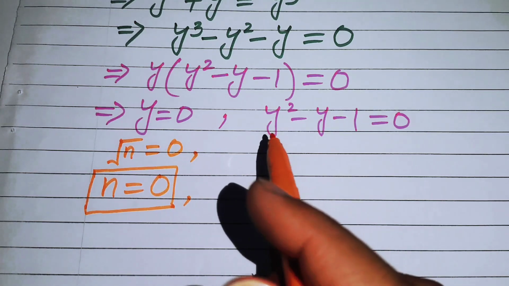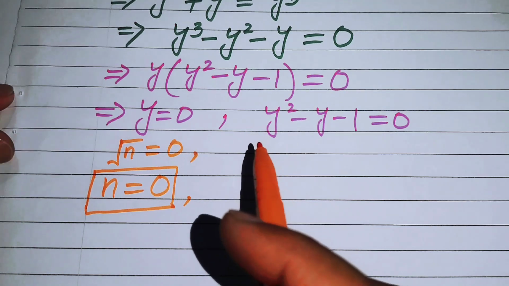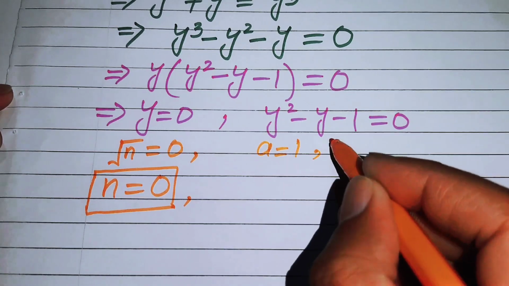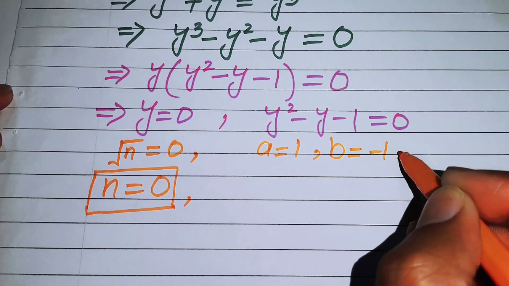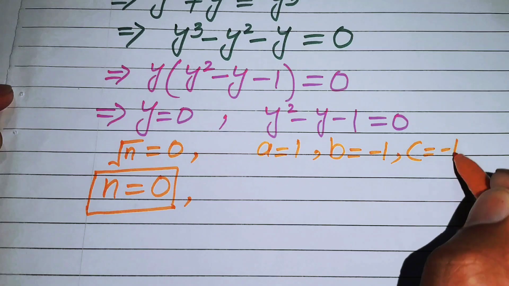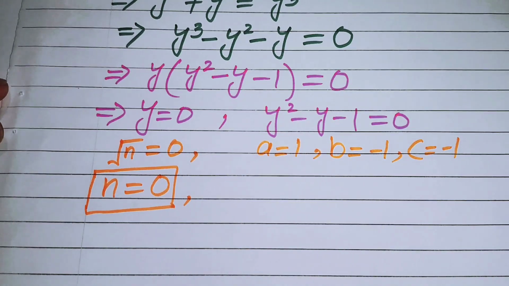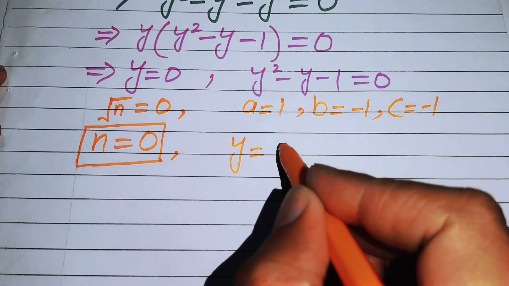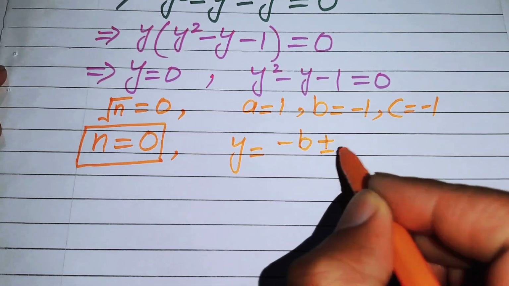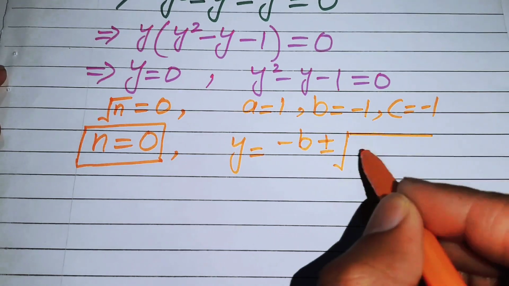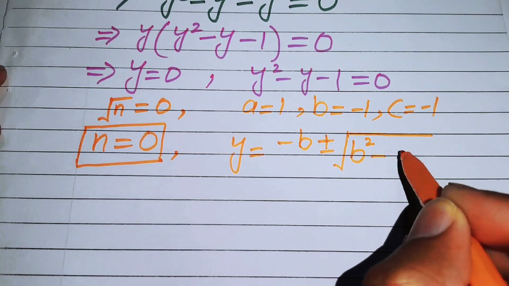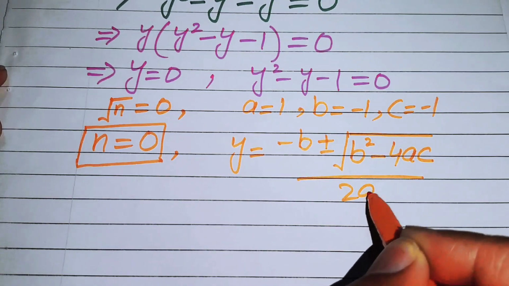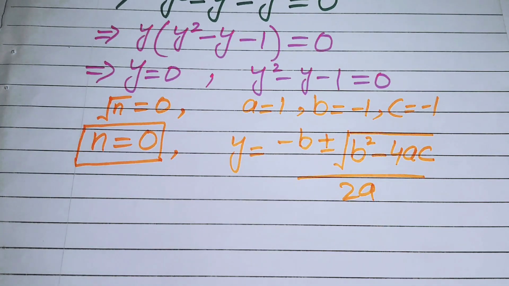We will solve this quadratic equation by using the quadratic formula, and here we have a equals 1, b equals minus 1, and c equals minus 1. Our quadratic formula looks like this: y equals minus b plus or minus square root of b squared minus 4ac, and this whole over 2a.